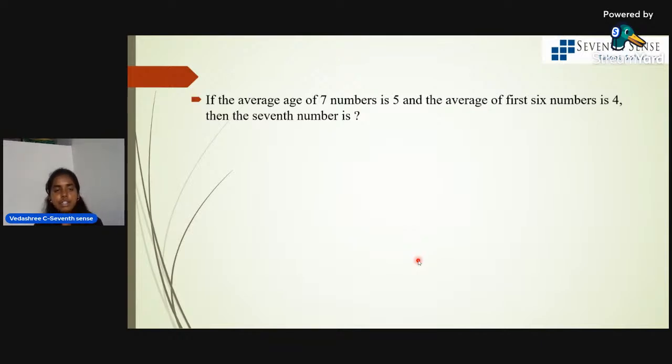So what is the answer for this question? If the average of 7 numbers is 5 and the average of the first 6 numbers is 4, then the seventh number is. So 11.